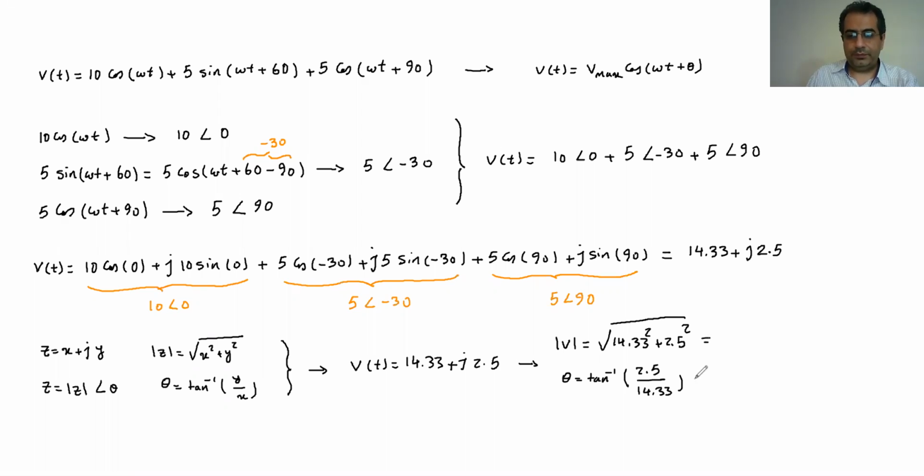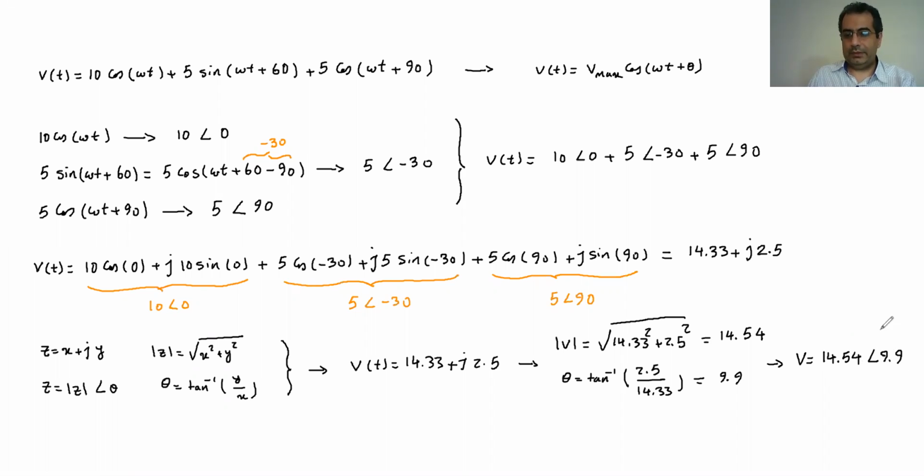This one is 14.54, and this one is 9.9. So therefore V in the polar format is 14.54 with an angle of 9.9.